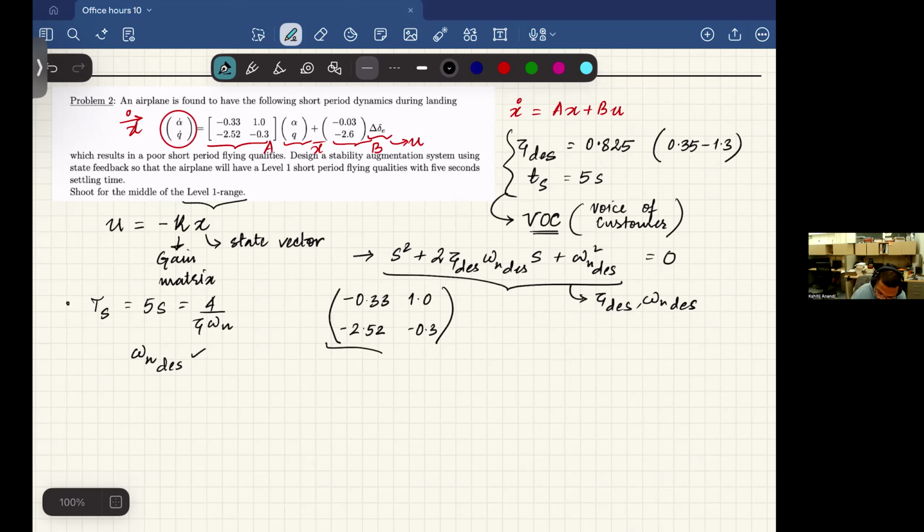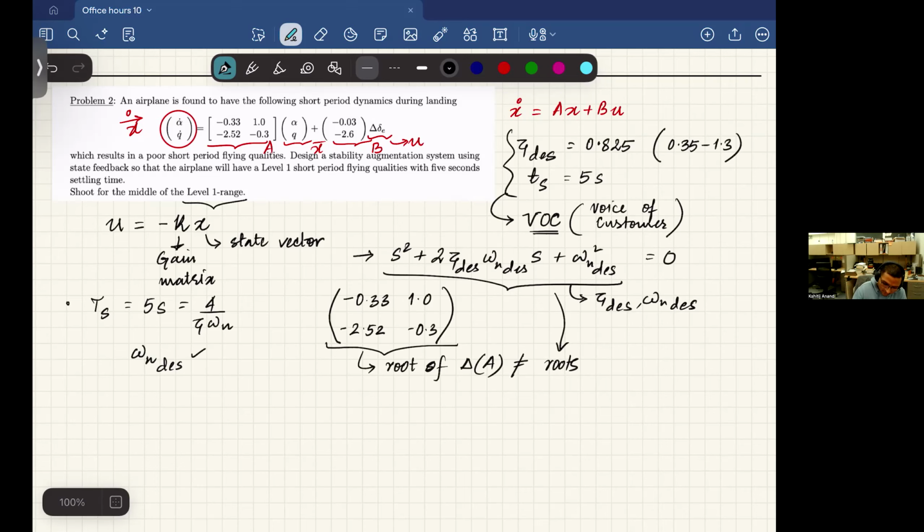So if you calculate the roots of the characteristic equation of A here, where delta is used to define the characteristic equation, they will not come out to be the roots of this equation. Do you agree? If they did, then we would have the same natural frequency and damping ratio. So now we are being asked to shift the roots of the characteristic equation of our system matrix.